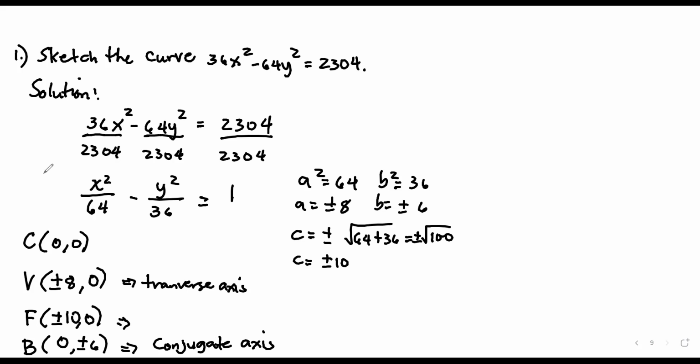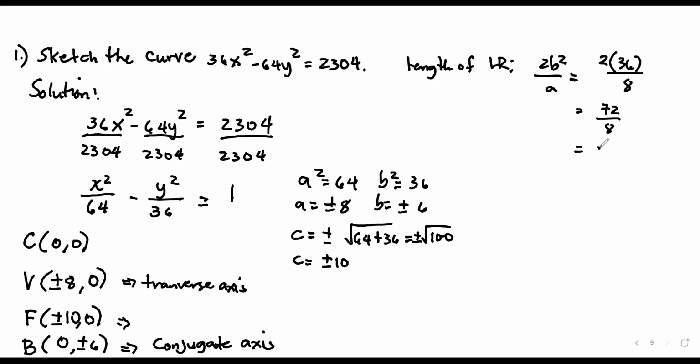Tapos, kailangan din natin kunin class ang length of lattice rectum. So, same lang sa ellipse. 2b squared over a. 2 times 36 over a, 8. 72 divided by 8.